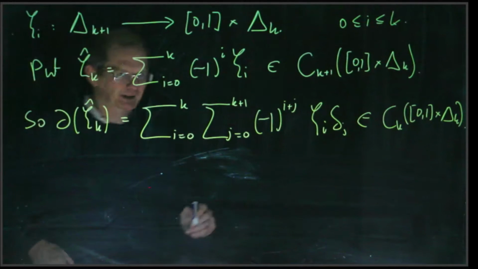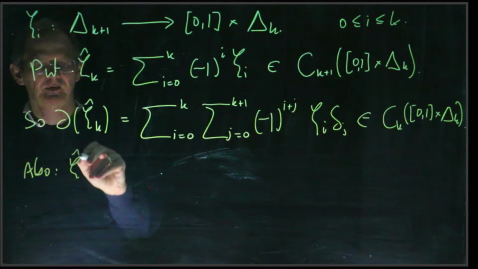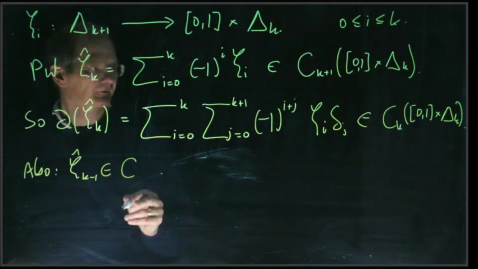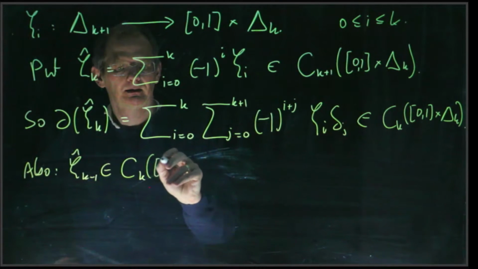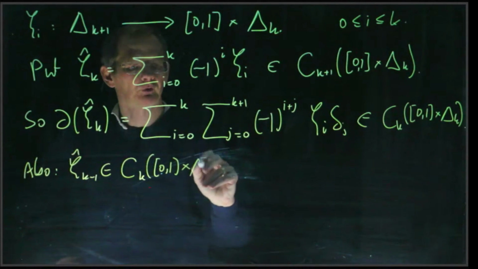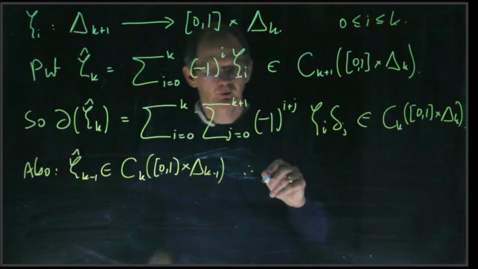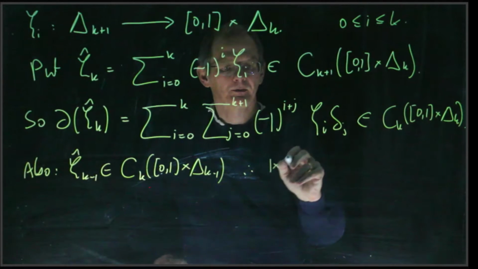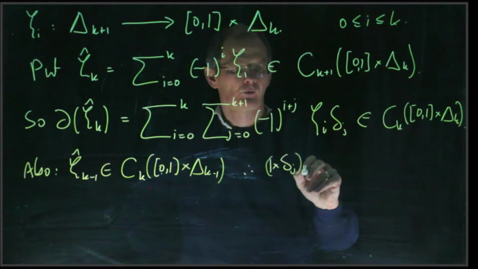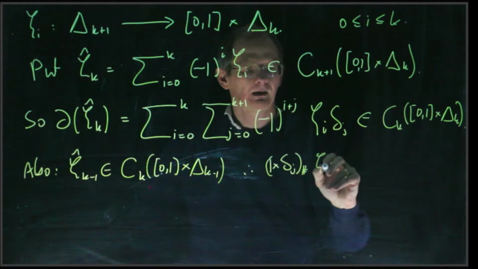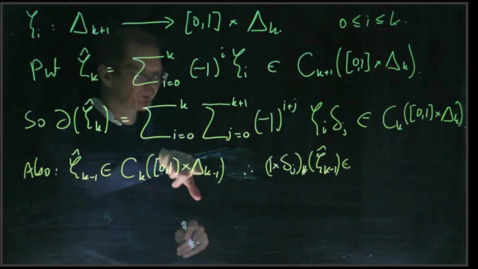Okay, so let's also consider zeta hat k minus 1. That's going to be a k-chain in [0,1] cross delta k minus 1. And therefore we can push it forward using 1 cross delta j, say, of zeta hat k minus 1. This delta j was a map from delta k minus 1 into delta k.